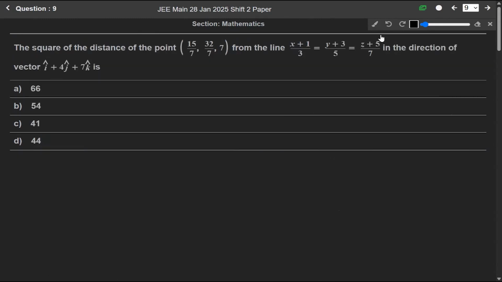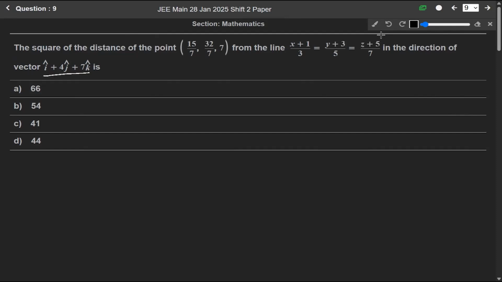Now question 9. The square of the distance of the point 15 by 7, 32 by 7, 7 from the line x plus 1 over 3 equals y plus 3 over 5 equals z plus 5 over 7 in the direction of this vector.